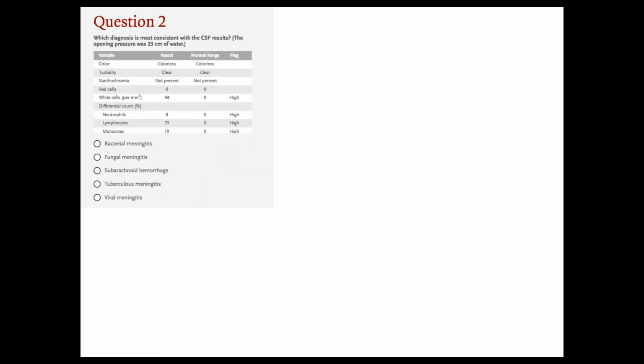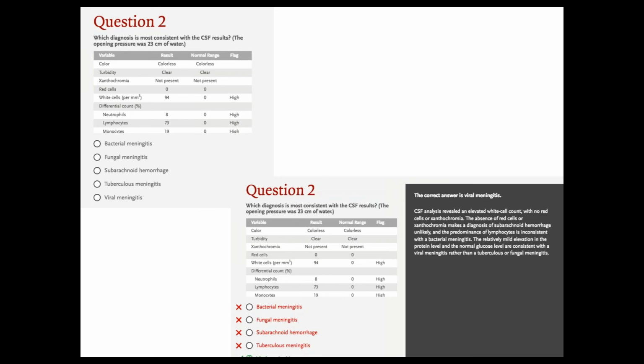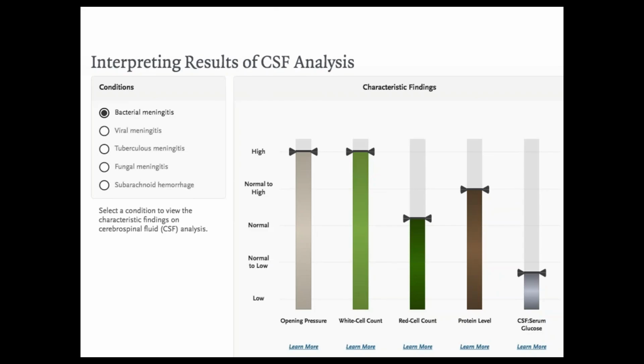Then we look at the results of her lumbar puncture. And she's got 94 white cells, and most of them are lymphocytes and monocytes, so it doesn't look like bacterial or fungal meningitis. So it looks more like she has viral meningitis.